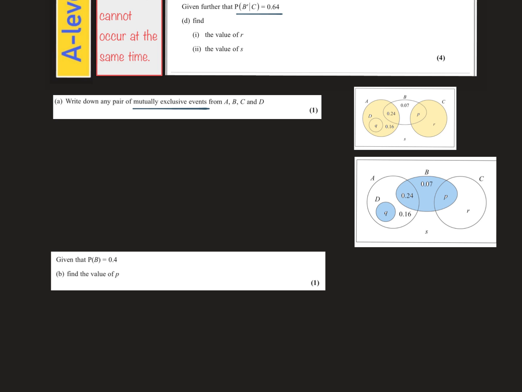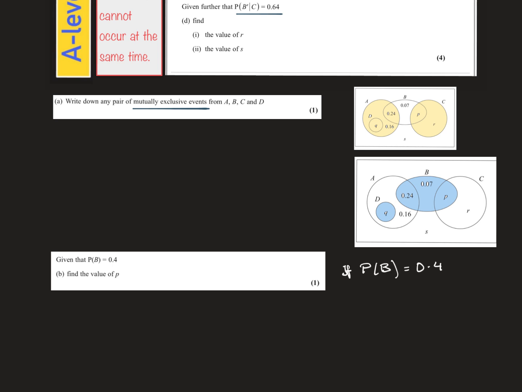This next question is really fairly simple. You are given that the probability of events happening in B is 0.4. What you want to do is find the value of P. Well, let's look at that B events circle. We know that the probability events here are 0.24, 0.07, and then there is our unknown. Altogether, the events equal 0.4.